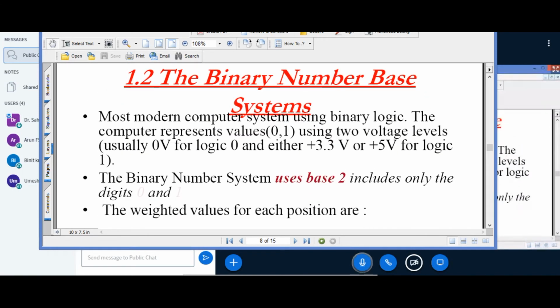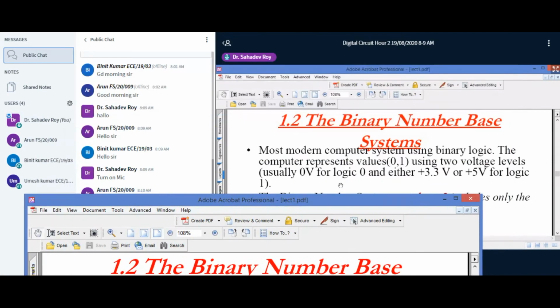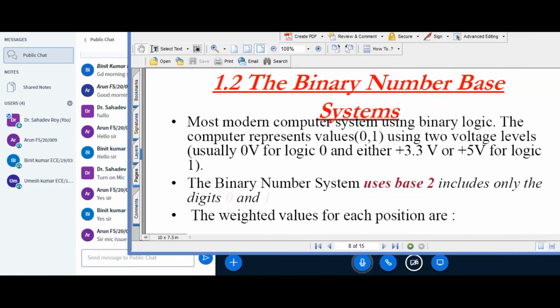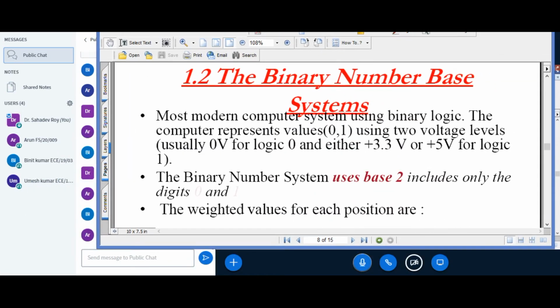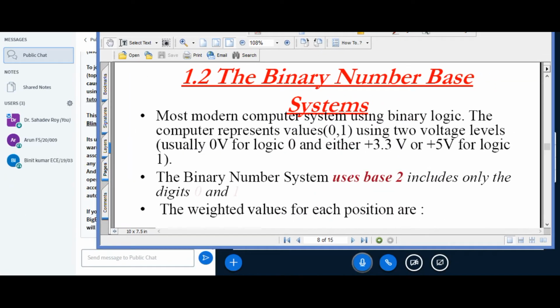Now if you use the binary number based system, it is one of the important questions which value I consider 0 and which value I consider 1.